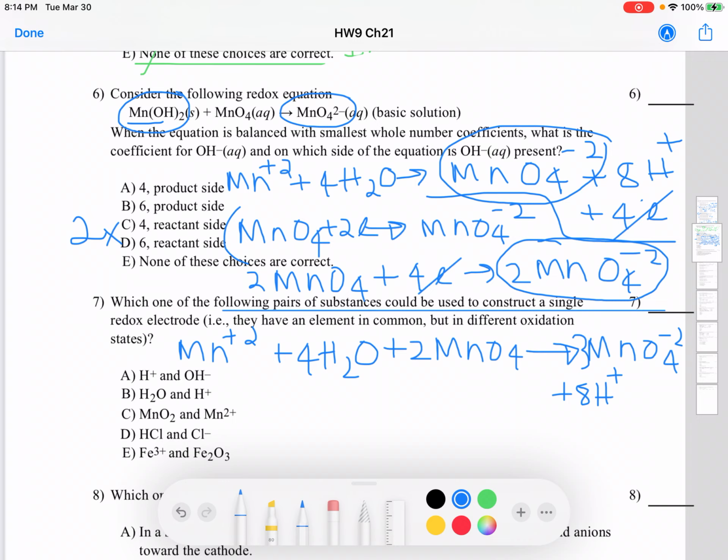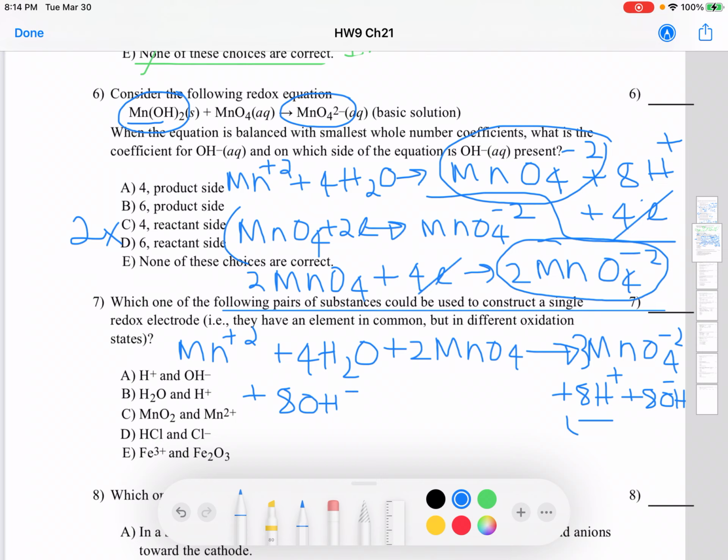Remember, we learned how after you balance with the acid like this, if it is happening in a basic medium, to make the basic medium, you add the same number of hydroxide ions as hydrogen ions. So 8H plus, you add 8 hydroxide into both sides, 8OH, and then you add 8OH to this side also.